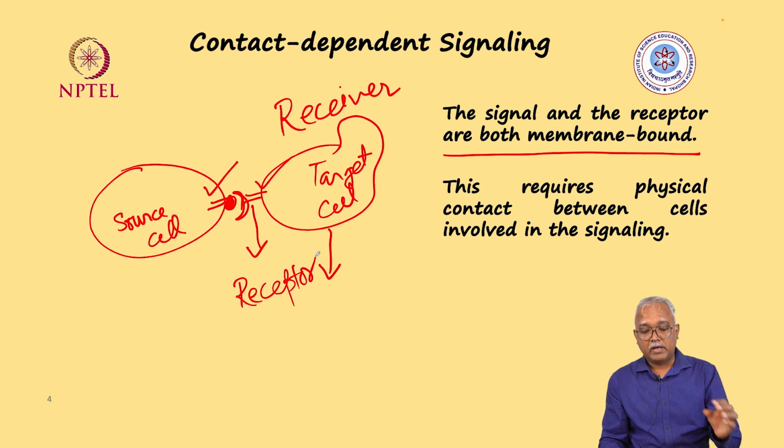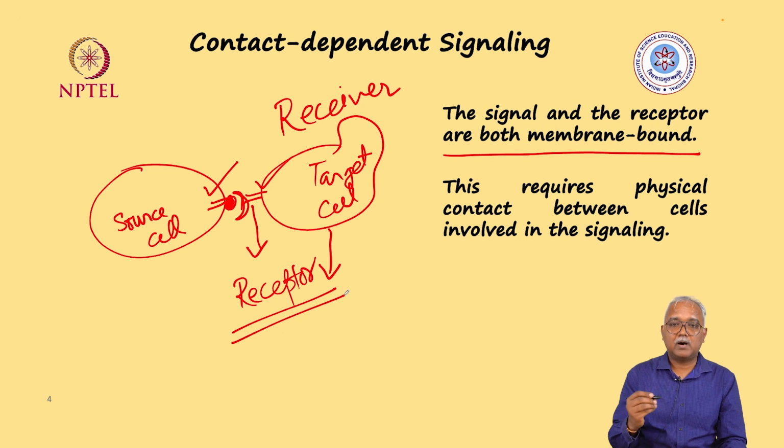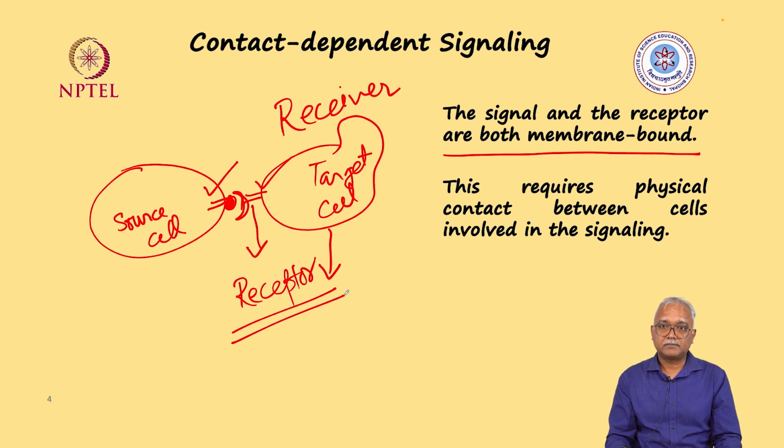So when we talk about cell signaling, the cell which carries the receptor is showing the consequences of signaling. So this will be a signaling cell.